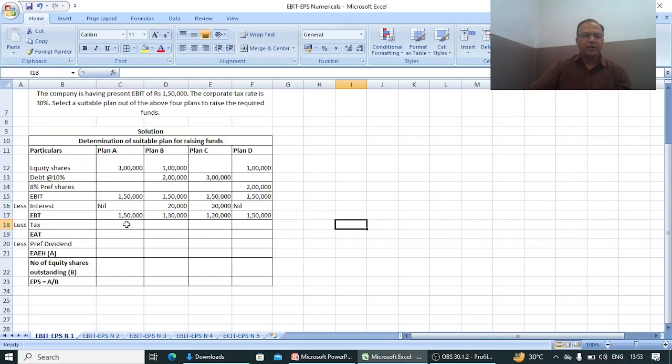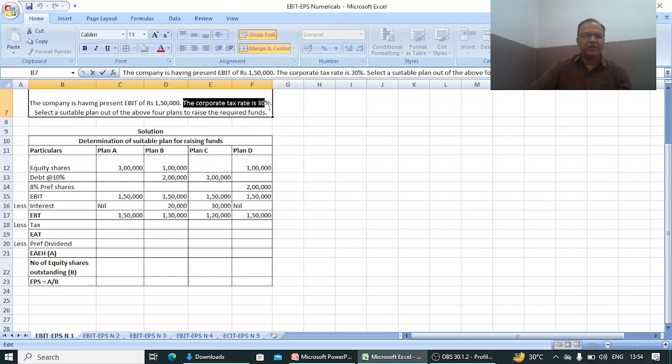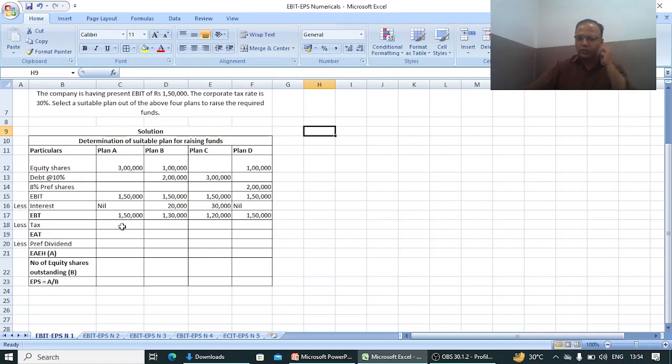Now deduct tax. Let's see what is the rate of tax. The corporate tax rate is given as 30%.